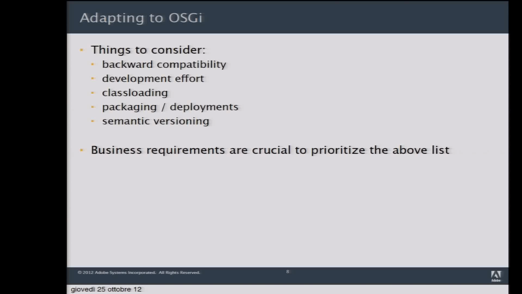So at least in my experience, when you adapt something or you create something from scratch to OSGI, you have to care about backward compatibility, but you can let it be in some way get over.